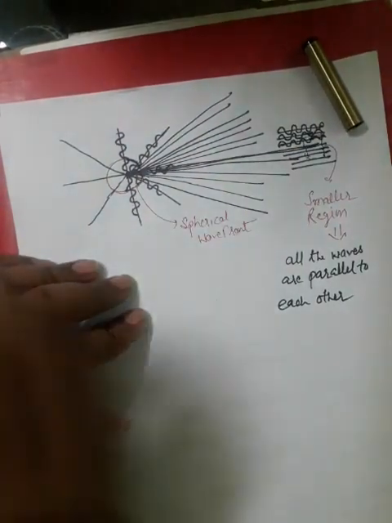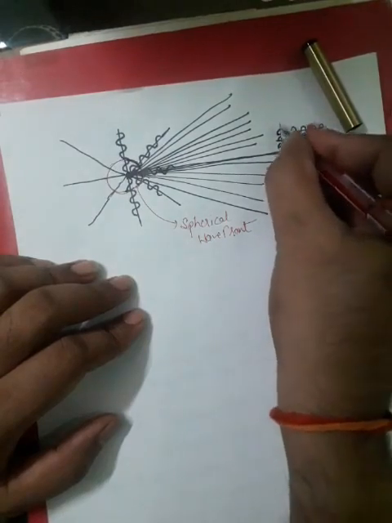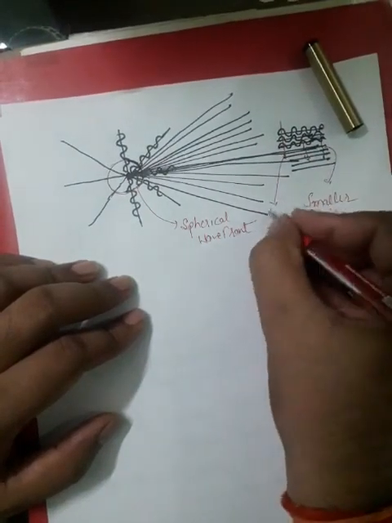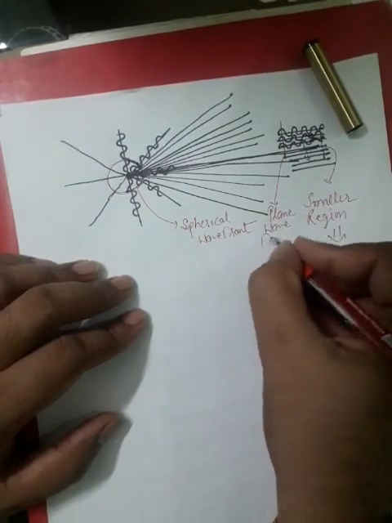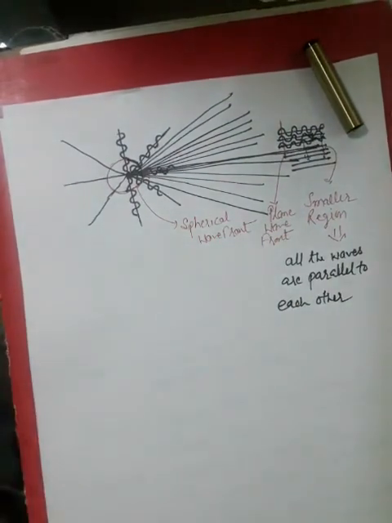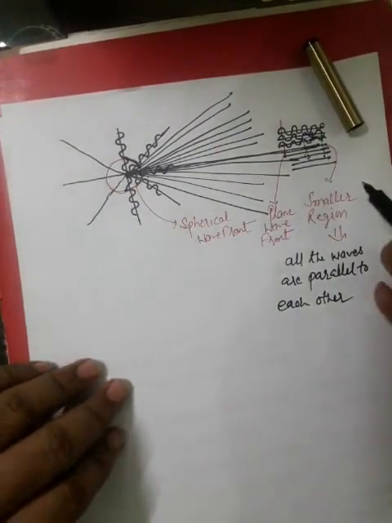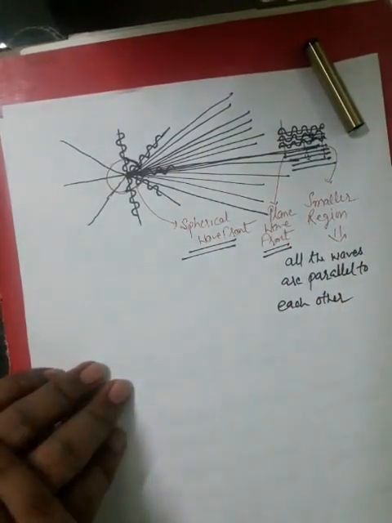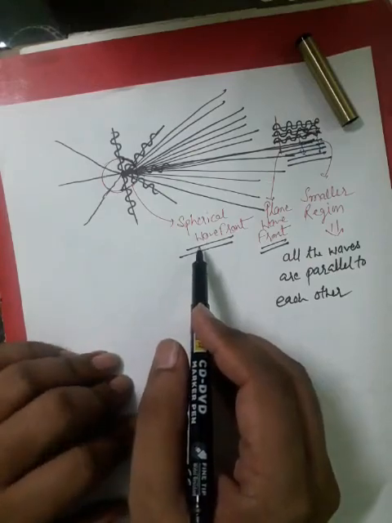If I draw this line, it contains the same phase points. So this will be your plane wave front. So in case of far field region, you will find a plane wave front, whereas in near field, radiating near field, you will find a spherical wave front.